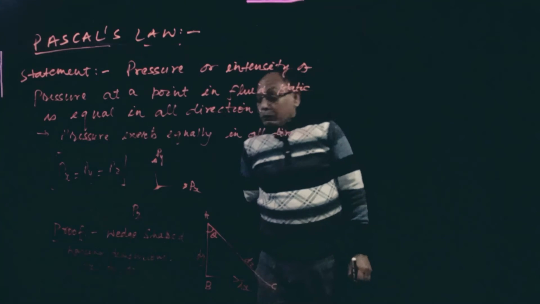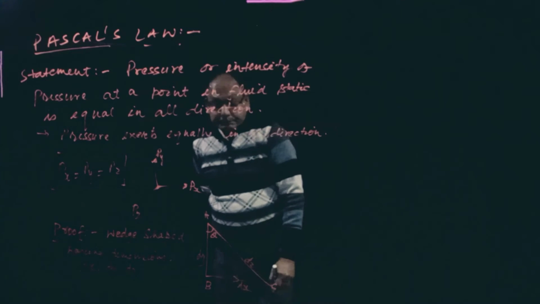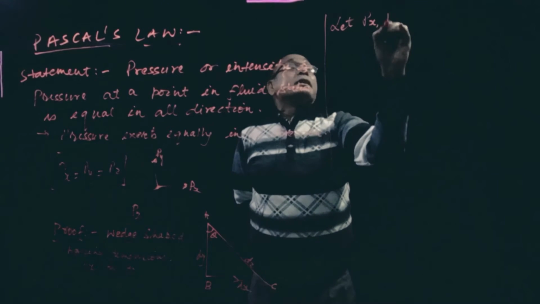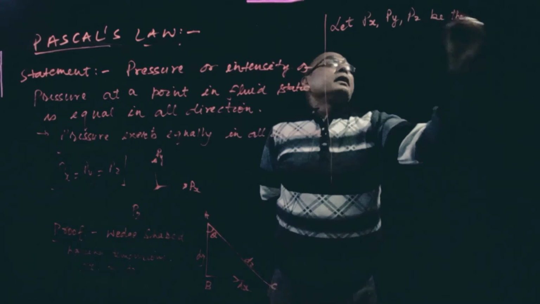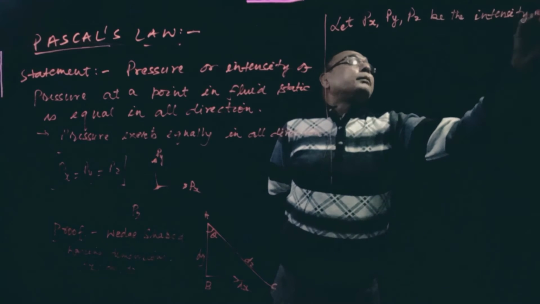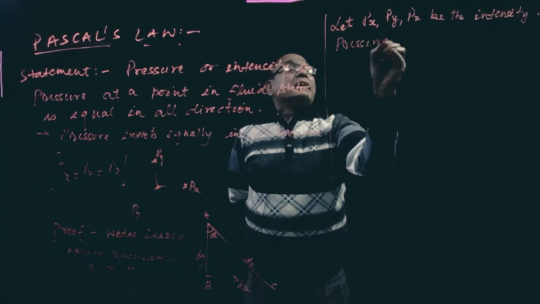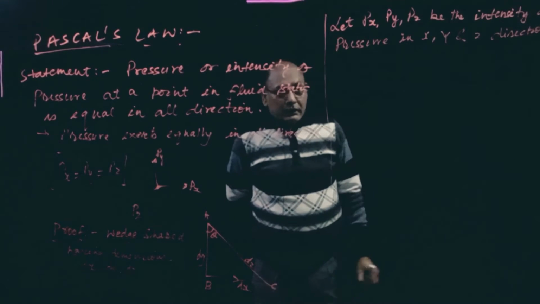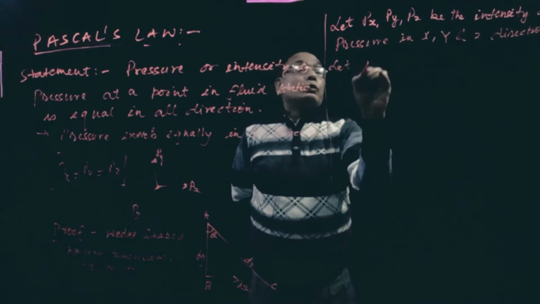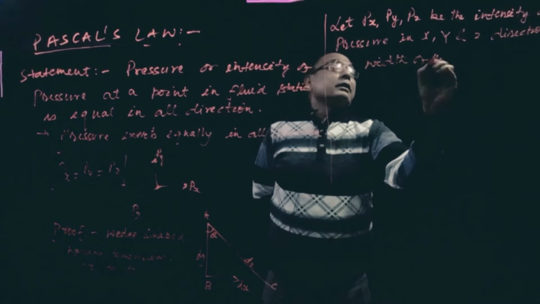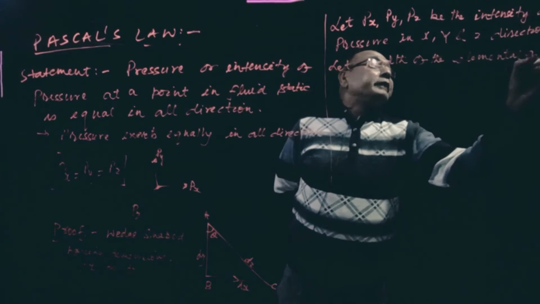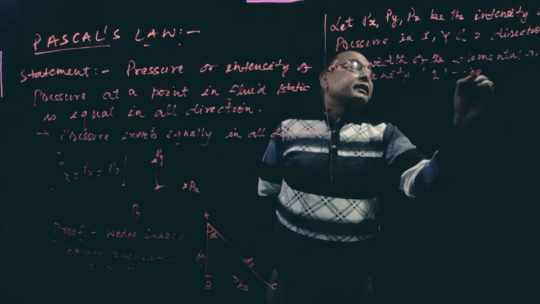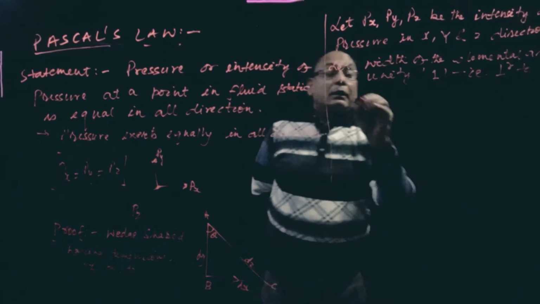Now what are the pressures? Let px, py, and pz be the intensity of pressure in the x, y, and z directions. Let the width of the elemental area be unity, that means 1, perpendicular to the plane of the paper.